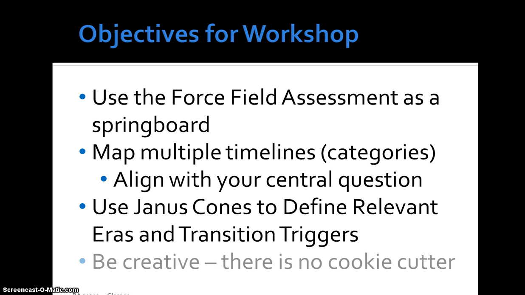One more point is that you're going to need to be creative, right? There is no single cookie cutter. I can't give you a template to say that this is what Appendix B for your timeline assessment is for the current assessment assignment. You have to be creative and come up with something that fits.